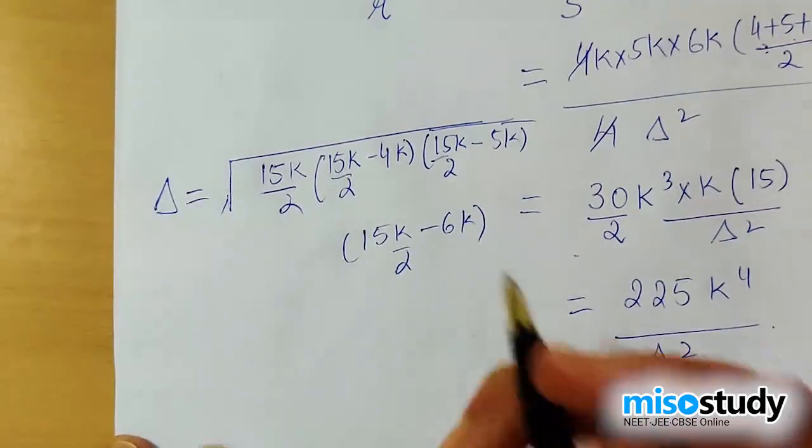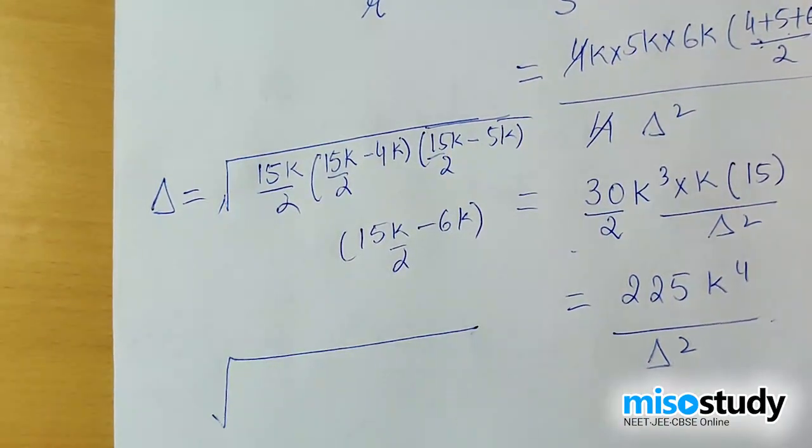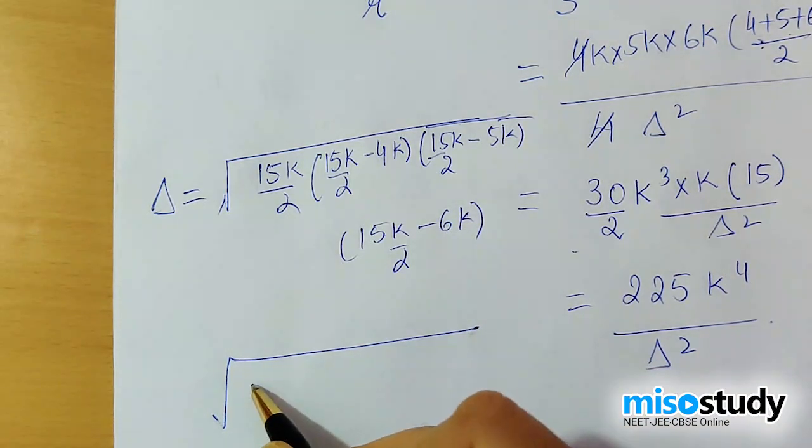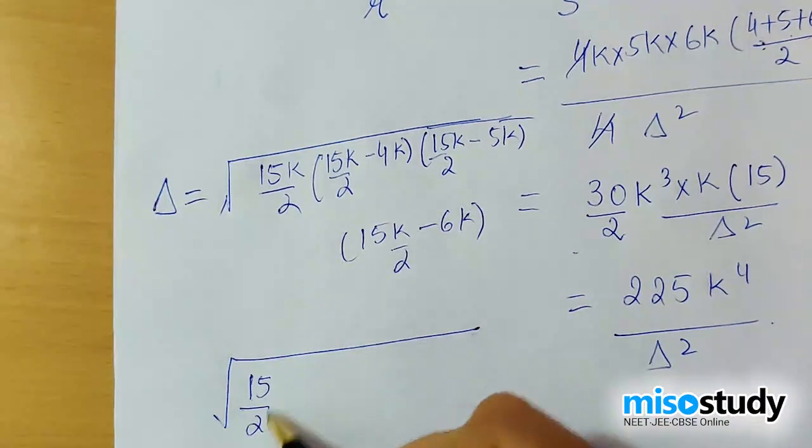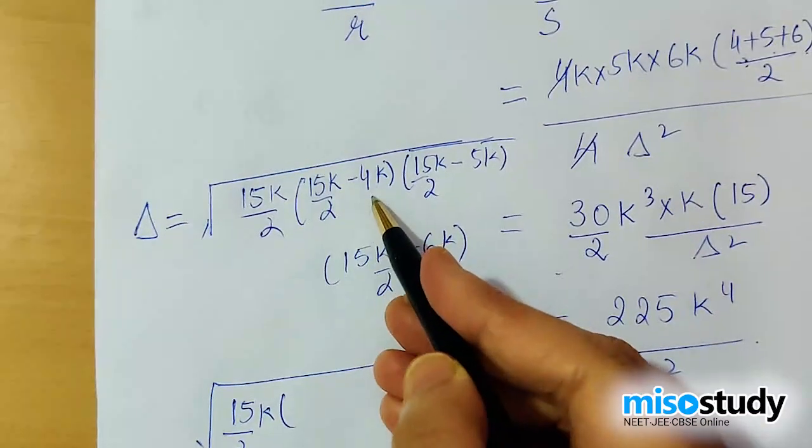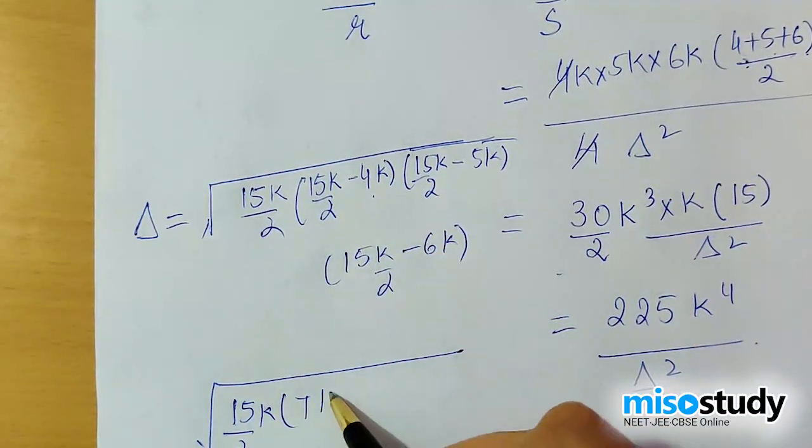Alright, so on evaluating you will have 15k by 2, so 15 minus 8 would be 7k.